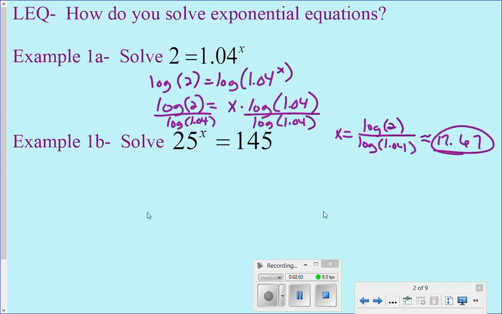Okay, so then we tried example 1b. So again, I asked, can we rewrite with the same base? A couple students thought maybe base of 5 they share, but I can't take 5 to a power to get 145. So once again, I'm going to take the log of both sides, and use the power property to bring the x down front.